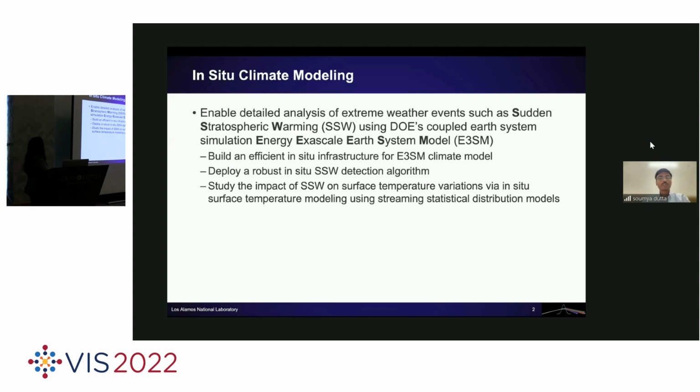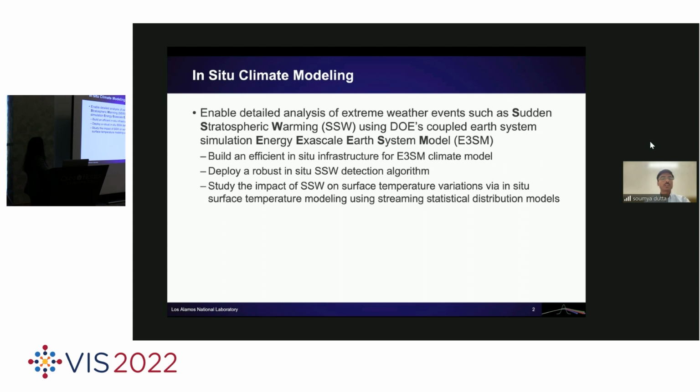So if we talk about in situ climate modeling, then for our particular example, we are trying to detect an event called SSW, sudden stratospheric warming, using DOE's coupled Earth system simulation, the Energy Exascale Earth System Model, E3SM.